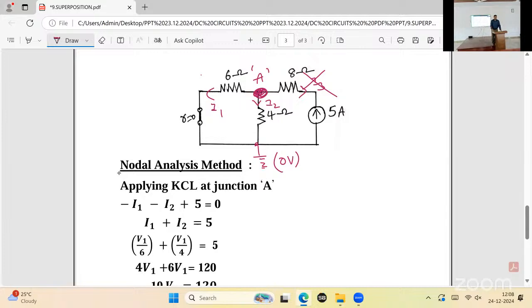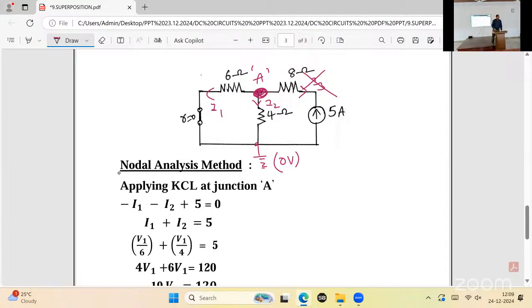We should not consider I3 because he has given the current source in the branch. We should not assume away from the junction.